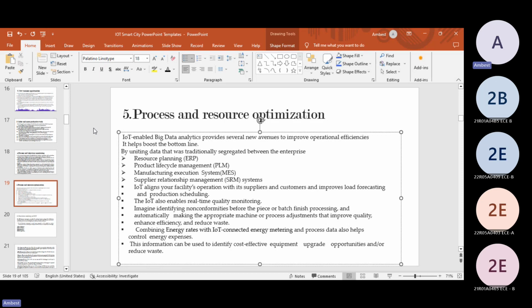The manufacturing execution system tracks and documents the transformation of raw materials into finished products, often in real time.